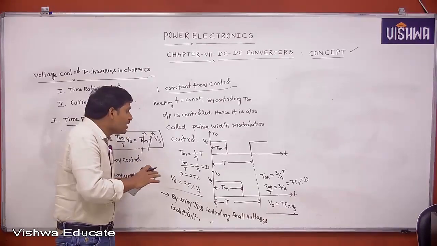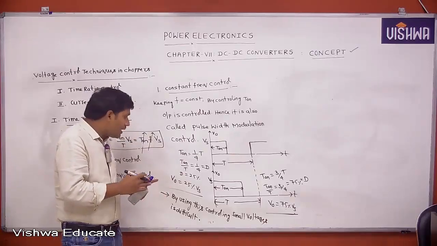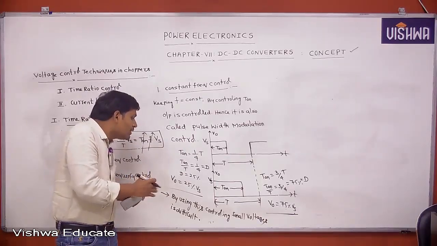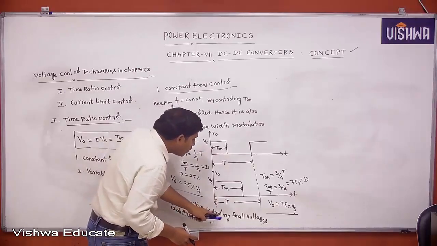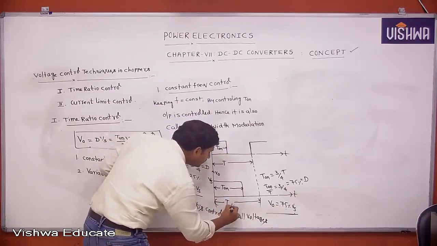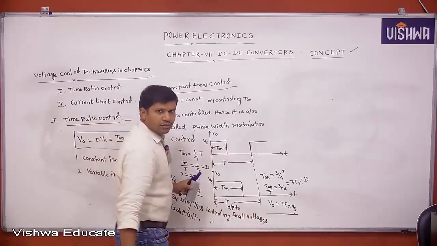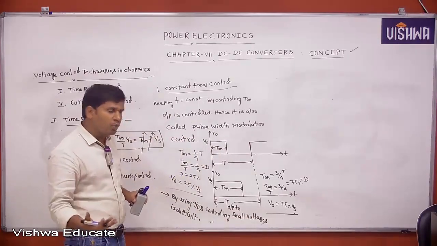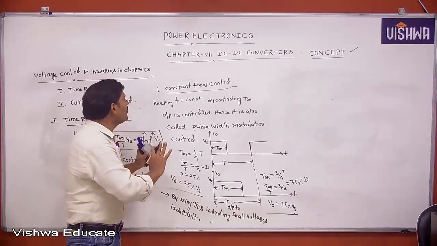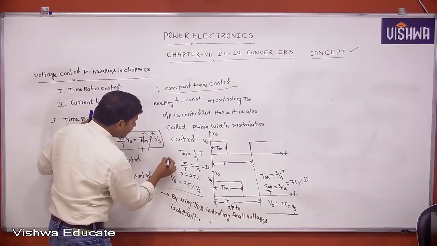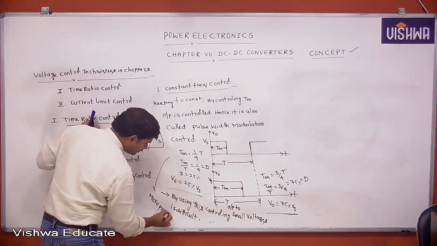That's the reason why controlling the output to very small voltages is difficult. But with all the remaining advantages, this is the more preferable method practically.